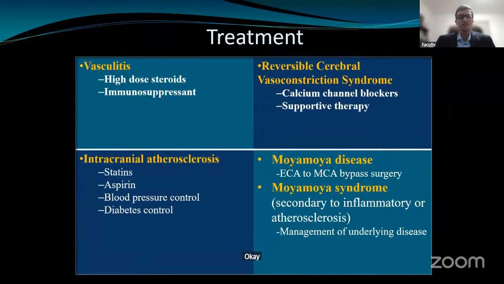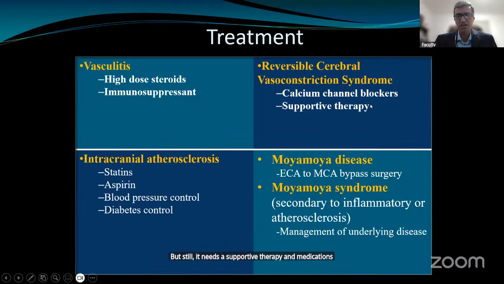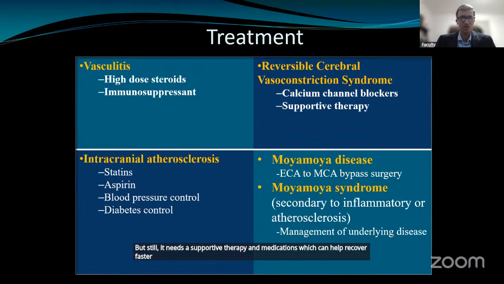Okay. So if you look at this chart here, this is how different causes of intracranial stenosis are treated, right? Vasculitis mainly by immunosuppression. RCVS is a reversible condition, but still it needs supportive therapy and medications which can help recovery faster, like the calcium channel blockers.